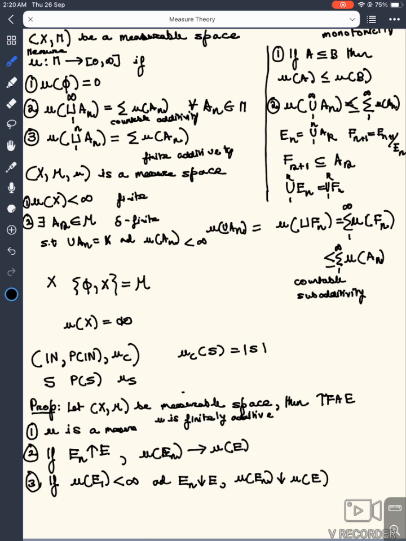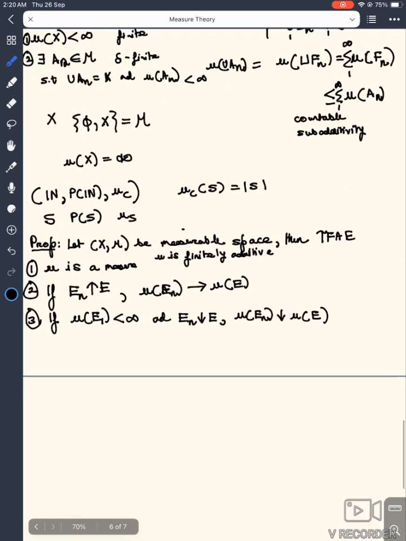So let's go into the proof. First, 1 implies 2.